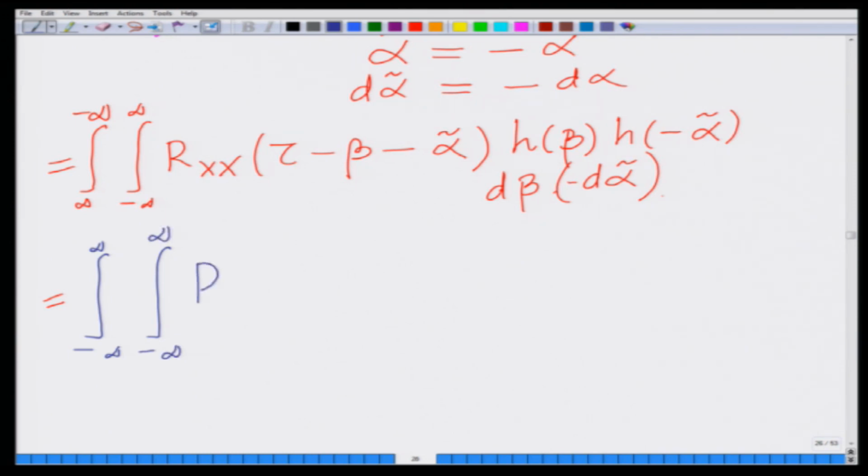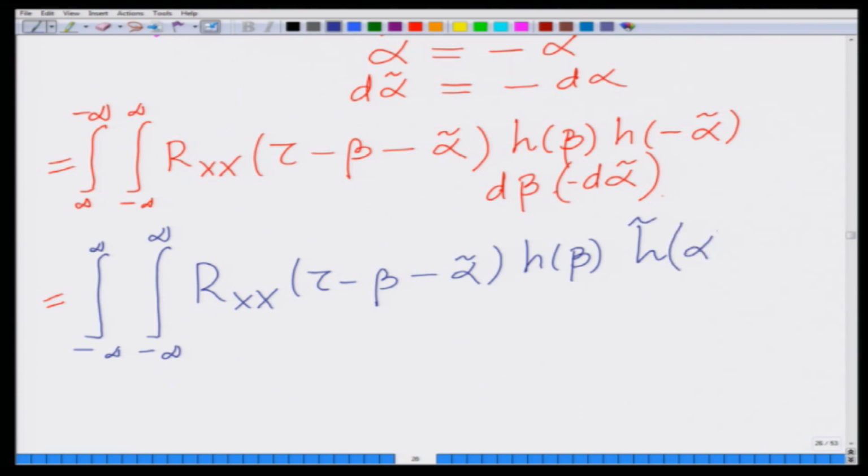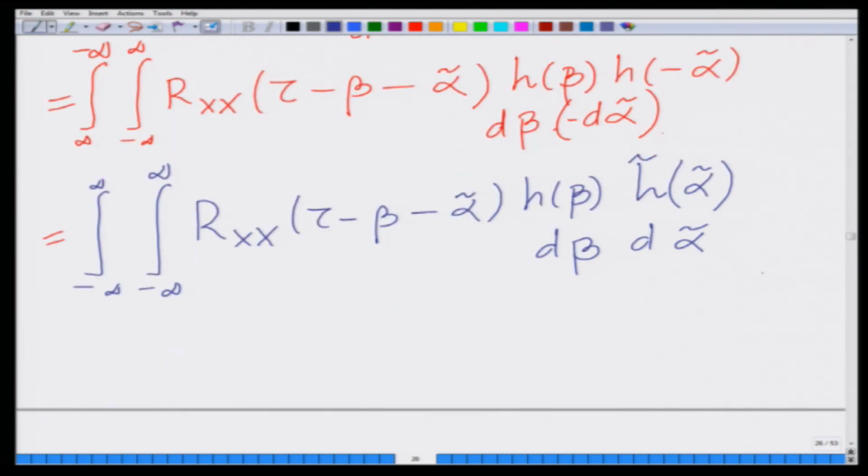the integral will again become from minus infinity to infinity of r_xx of tau minus beta minus alpha tilde, h of beta, and let me write h of minus alpha tilde as h tilde of alpha tilde, d beta d alpha tilde, where h tilde of alpha tilde equals h of minus alpha tilde.